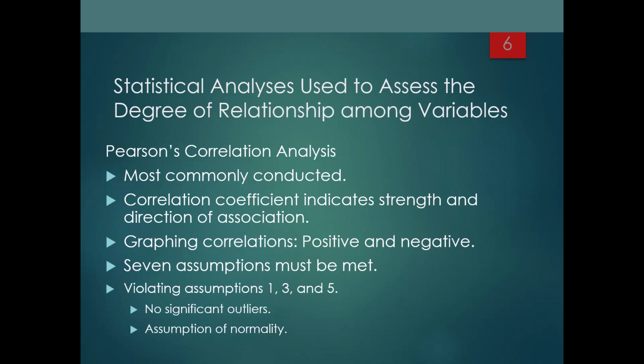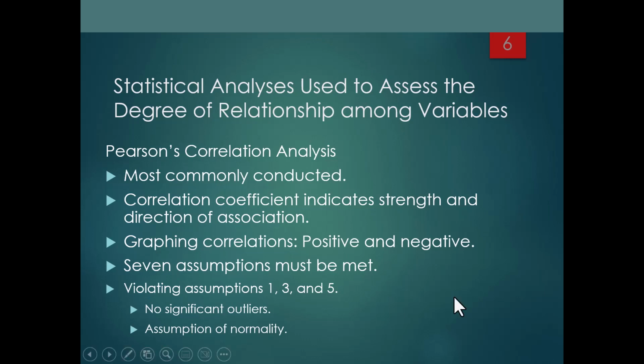So the only way you can run a Pearson's correlation is if both your independent and dependent variables are interval or ratio, okay? If one of your variables is nominal and the other is interval or ratio, you cannot run a Pearson's correlation. You have two variables, and both of them must be measured at either the interval or ratio level.